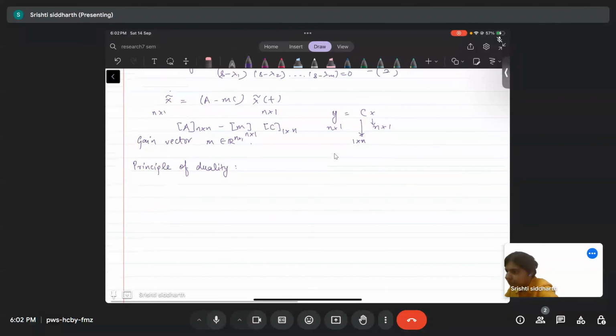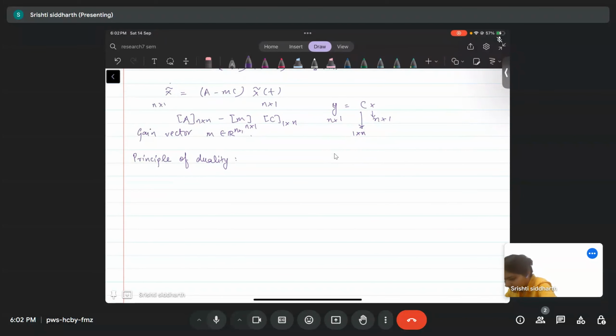There is a remark that there is a connection between estimation and control problems.